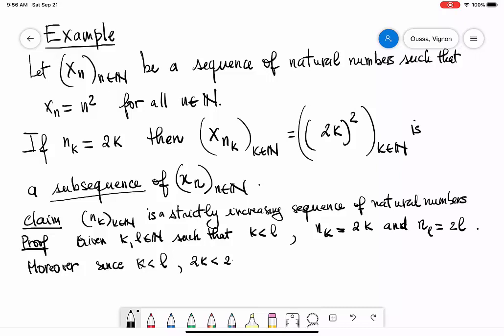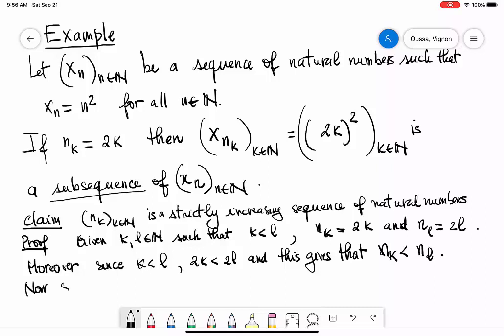So 2k is less than 2l, and this gives that n_k is less than n_l. So this is a strictly increasing sequence.